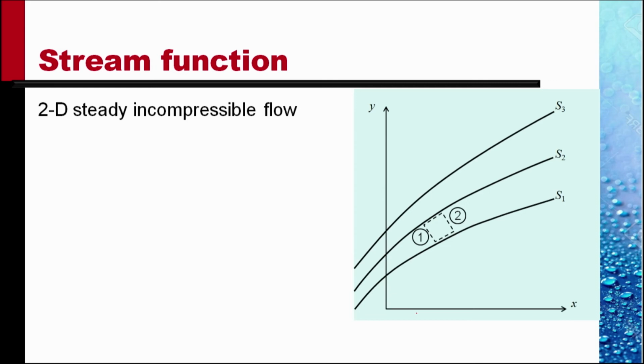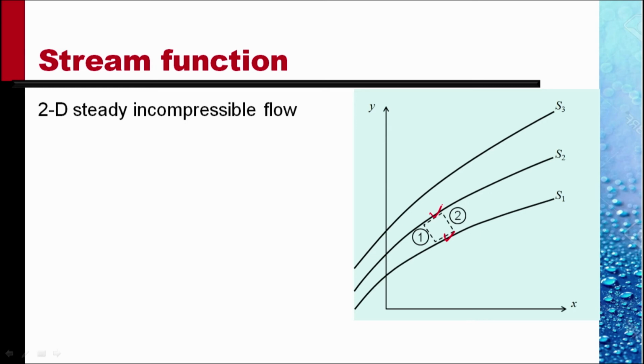This surface coincides with the streamline S1. This surface coincides with the streamline S2. Surface 1 is normal to the velocity, and so is surface 2. As you know, a streamline is a line which is tangential to the velocity.